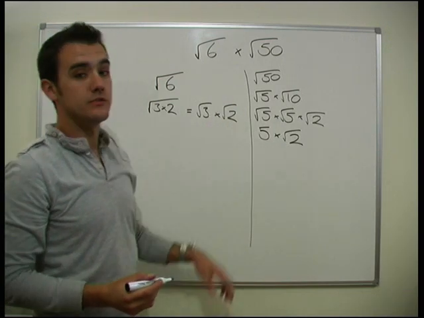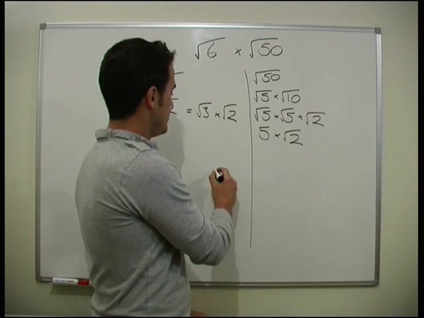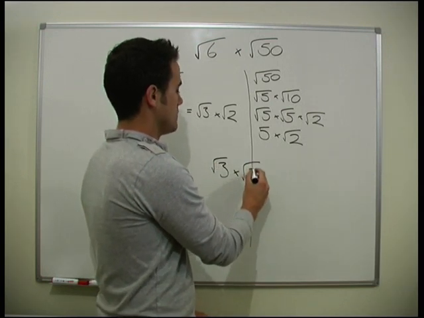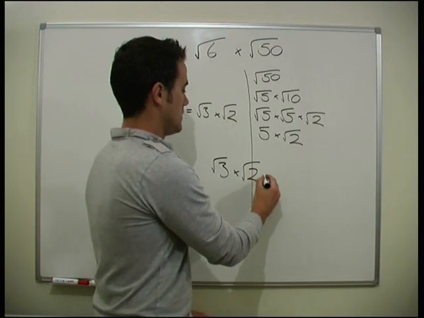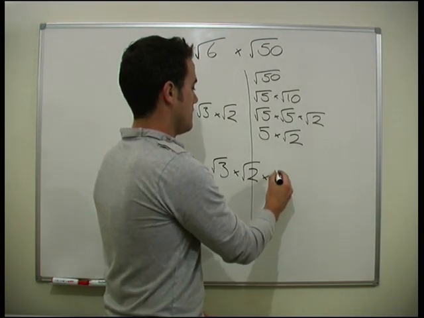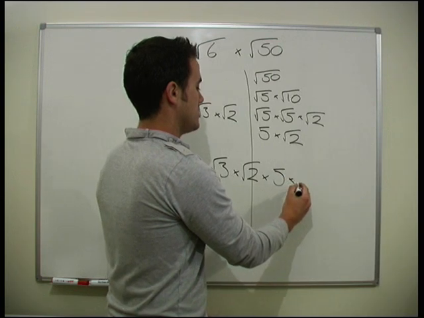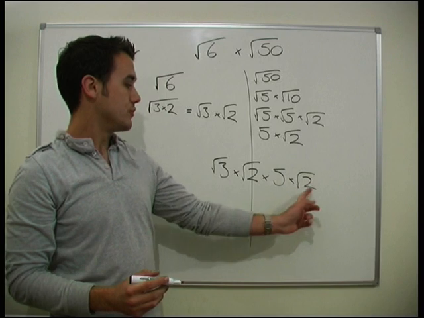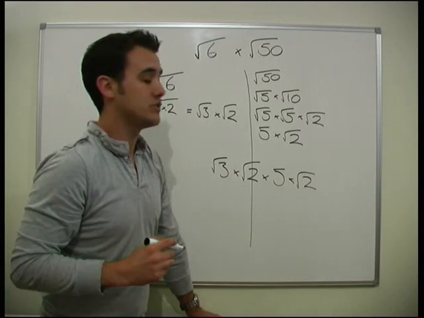And we just need to times the two together. So we do root 3 times by root 2 times by 5 times by root 2. You can see we've got a root 2 times a root 2 in here, which will just equal 2.